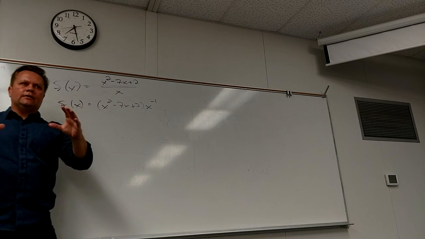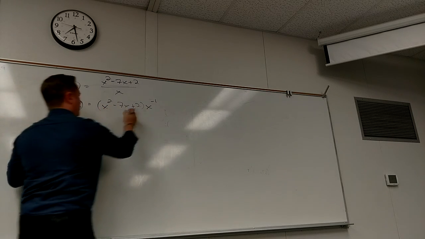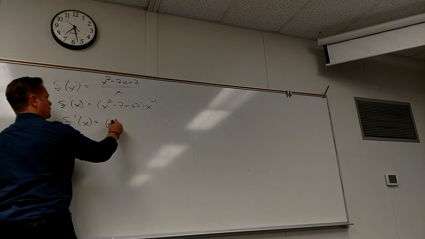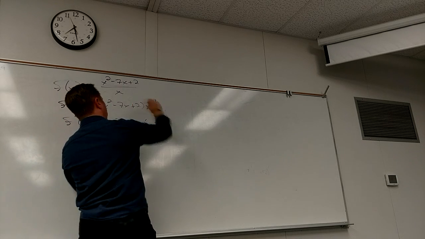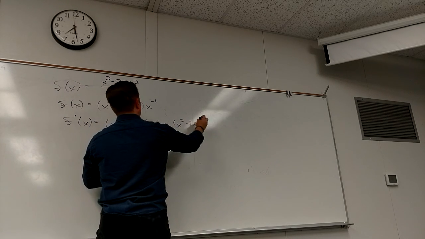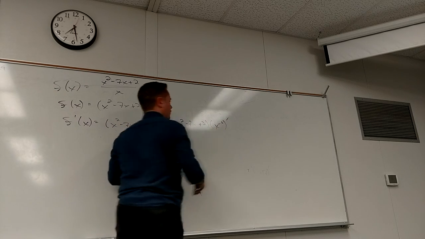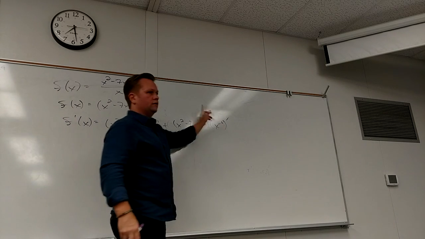So if I look at this now as a product rule, what's going to happen? I'm going to take this guy's derivative, and then I'm going to leave this guy alone, and then take this guy's derivative. That's the rule. Wouldn't it be minus? No. Nope. Why? What's the rule say? It will eventually become a minus, because when I take this guy's derivative, a negative is going to come down.